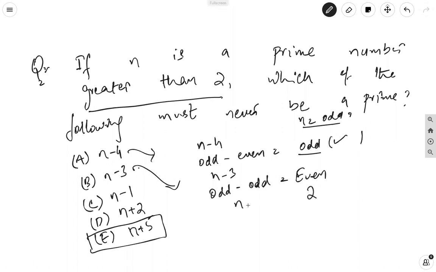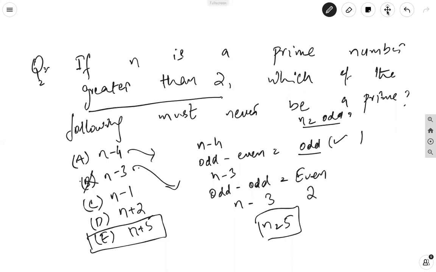If we do this way, n will become 5. Yes, n is a prime. If I subtract 3 from 5, the result is even, 2. So this is not possible.